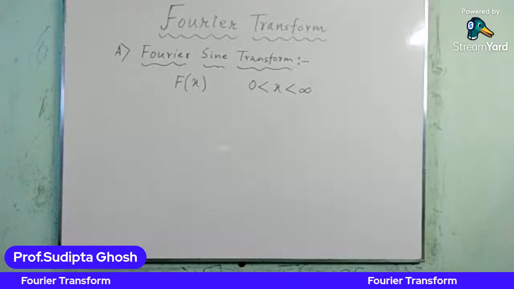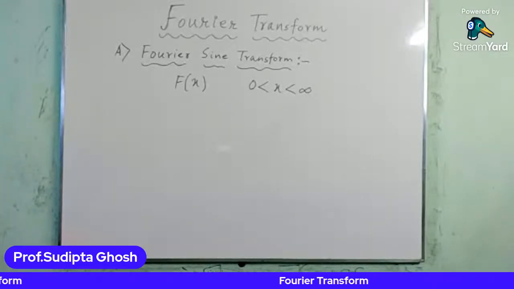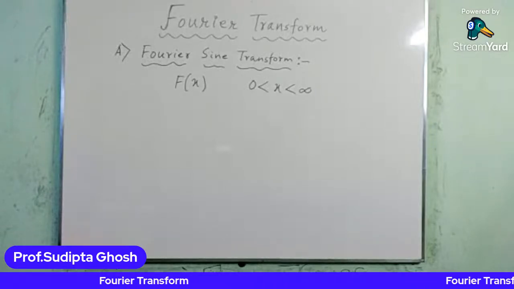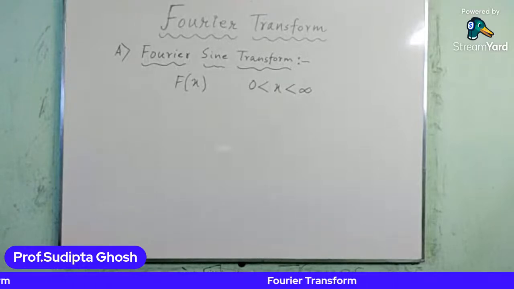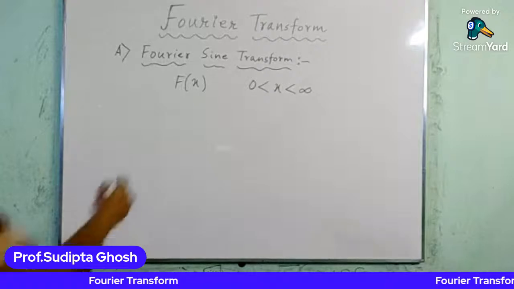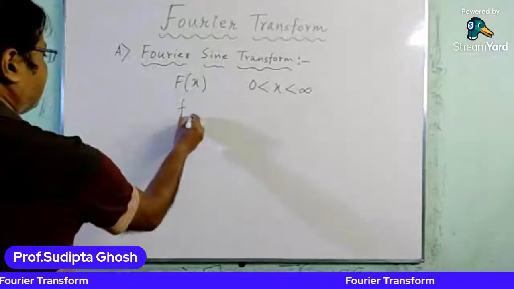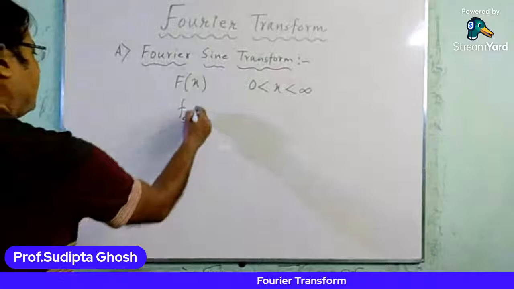Now for a function f(x), if it is defined as x lies between the limit 0 to infinity, then the infinite Fourier sine transformation can be represented as Fs. So S stands for sine.